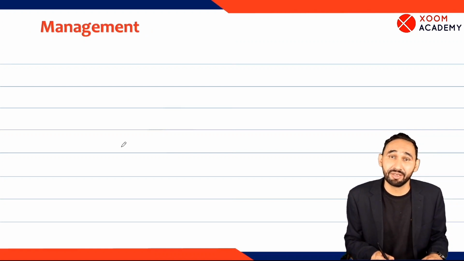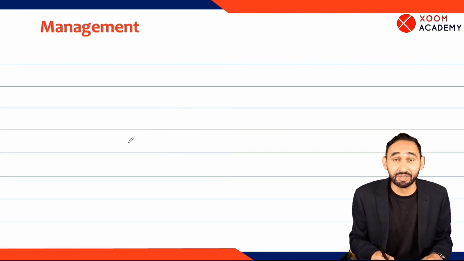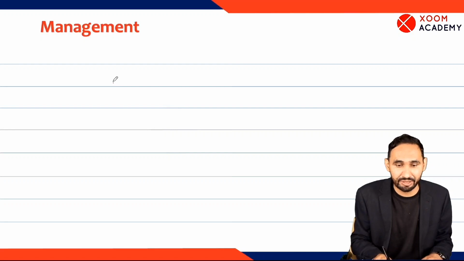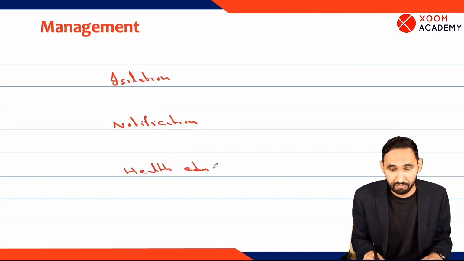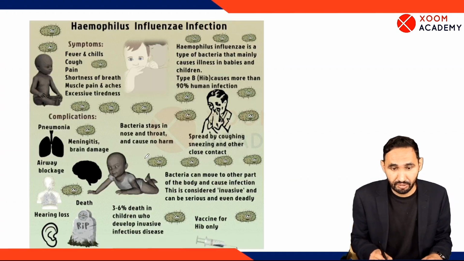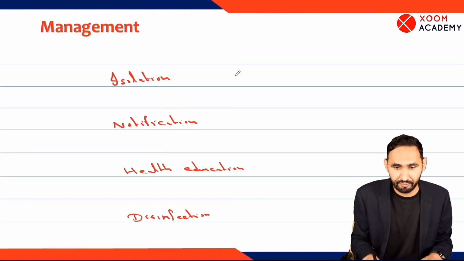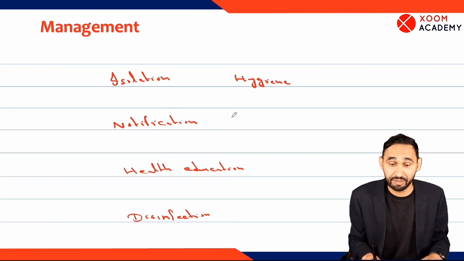We can manage influenza through vaccination, through general preventive measures like isolation, notification, health education, disinfection, hygiene, and specific measures are vaccination.